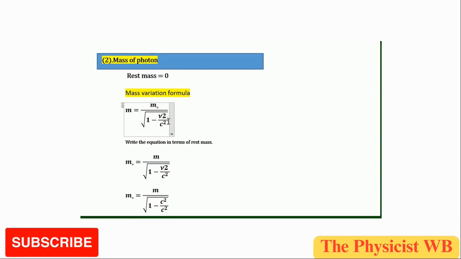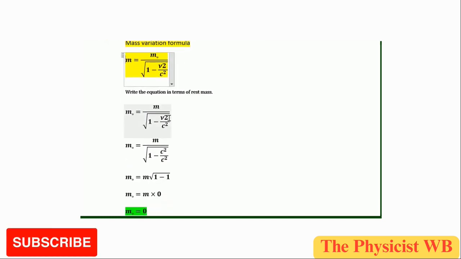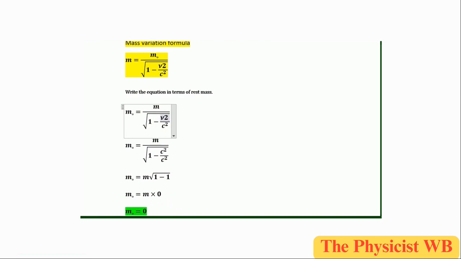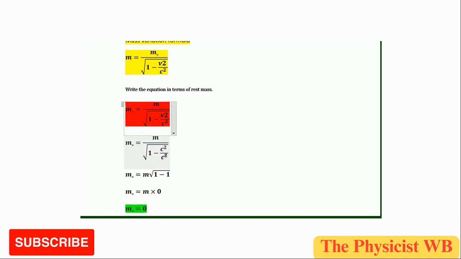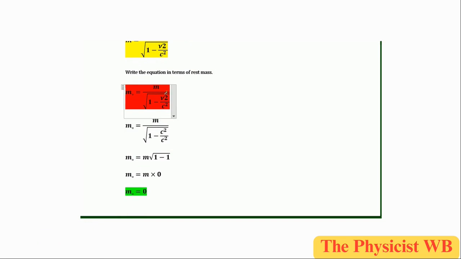So we have to prove that the rest mass is equal to 0 using the mass variation formula. This is the mass variation formula, and we have to rearrange this equation and determine m naught. So this is m naught, and we also know that v is equal to c.